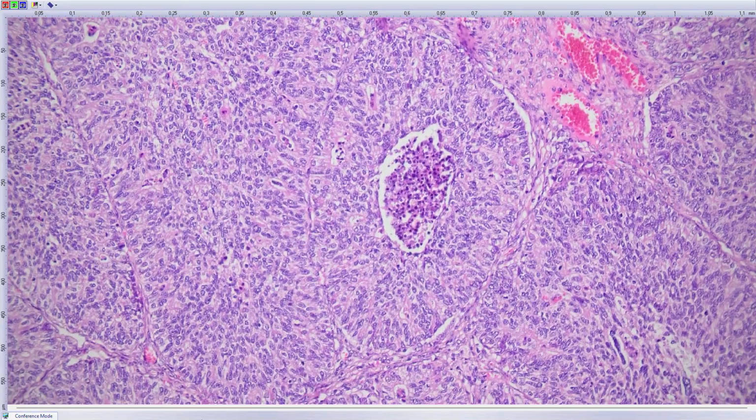So this pattern of growth is called, in abbreviation, SET: solid, endometrioid and transitional morphology.